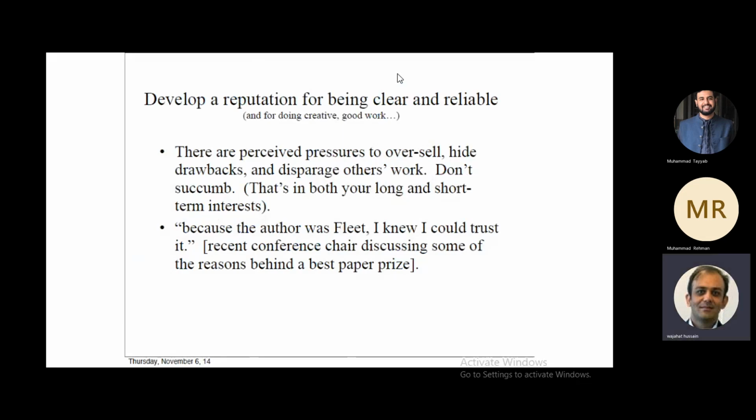And these are the things which early researchers might be pressurized to do. It is written here: you try to oversell your contribution, you really try to say we have done excellent work in solving this problem, and the results don't support it, and then you don't mention your failure cases.